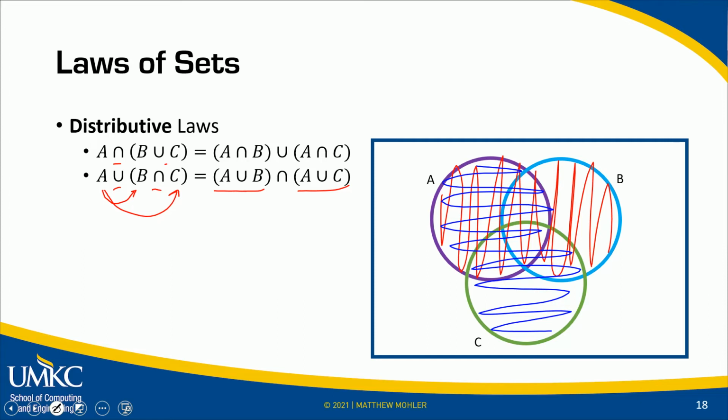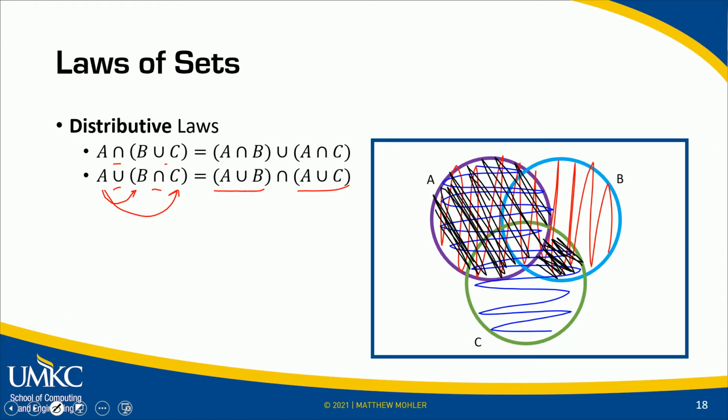Now, if we look at the intersection of those, we're looking for basically anywhere that we have both red and blue. If we come back and put that in black, what you'll find is that we have both red and blue for the entirety of A, as well as this little bit here of B and C.